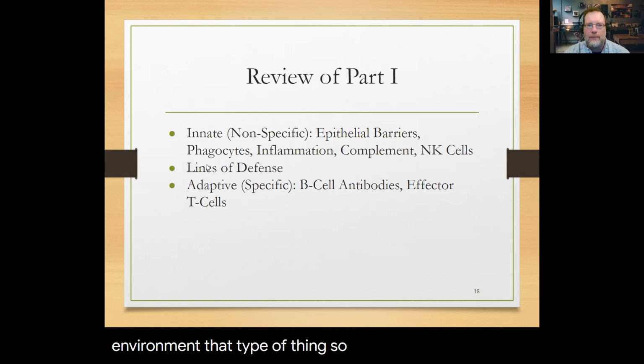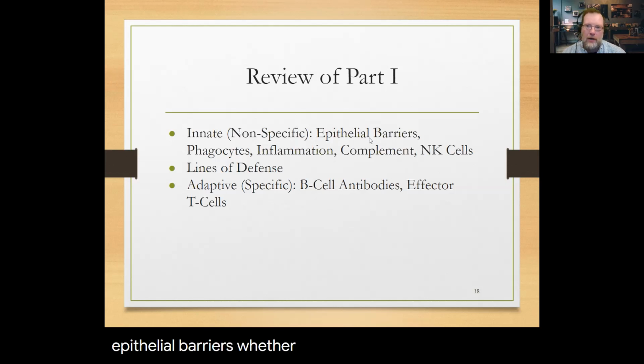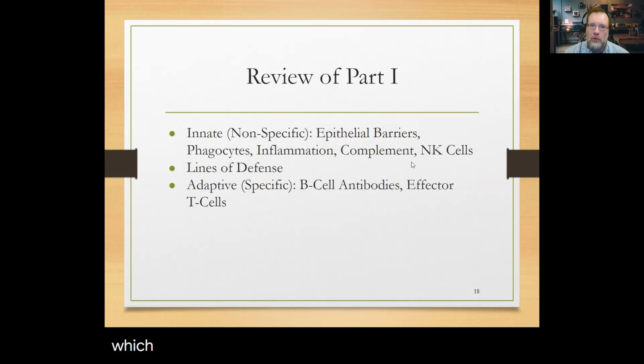So anyhow, lines of defense, we looked at the first line of defense being primarily these epithelial barriers, whether they're mechanical or chemical. When we get into the second line of defense, we start to see phagocytic activity, some inflammatory features, adaptive aspects start to kick in, including complement chemistry, which we'll talk more about in this slideshow.